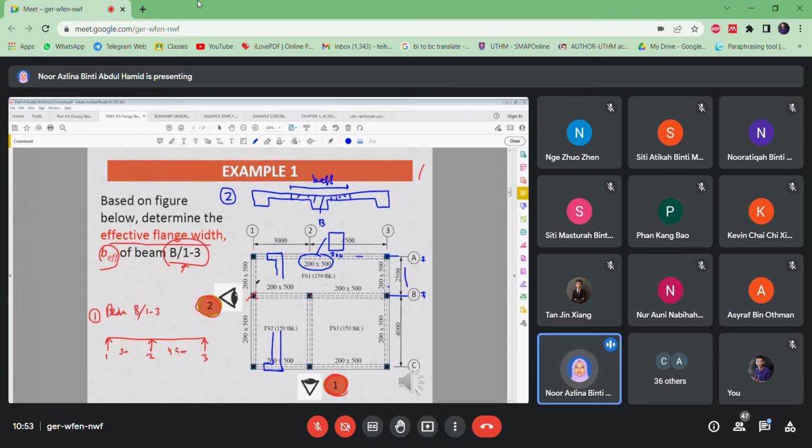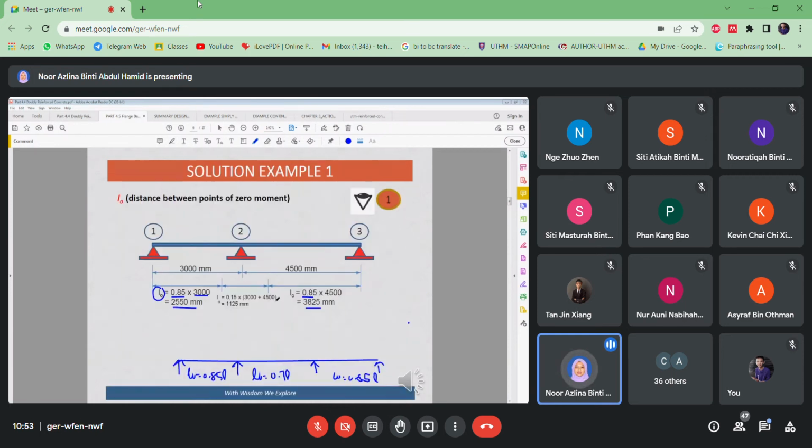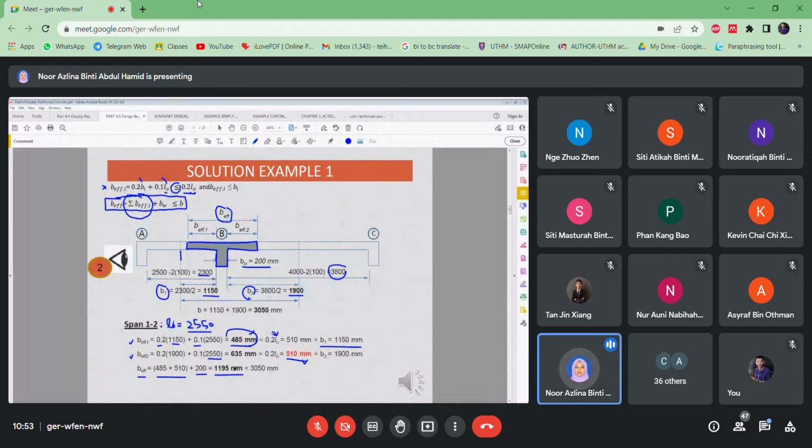Okay, flange for this beam. So this is the beam, right? So that's B, dia punya B effective adalah 1195.